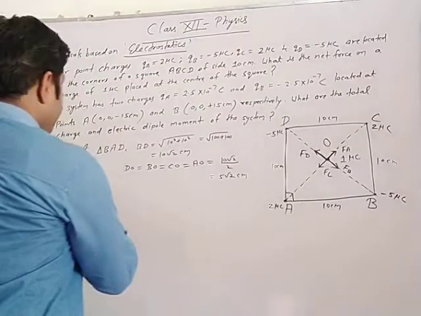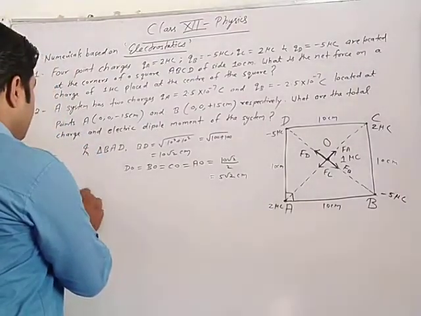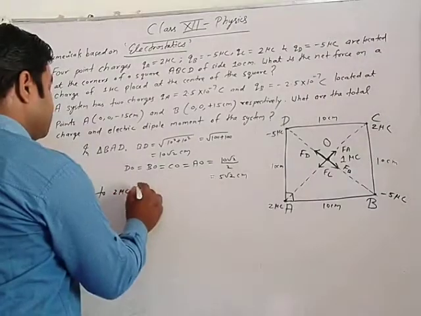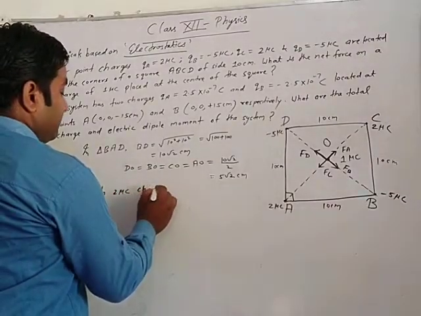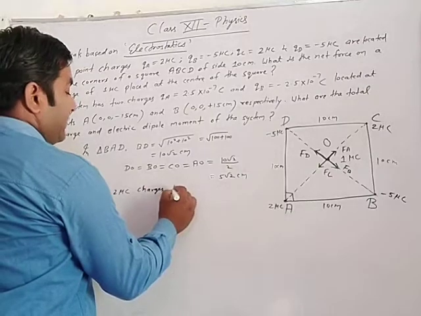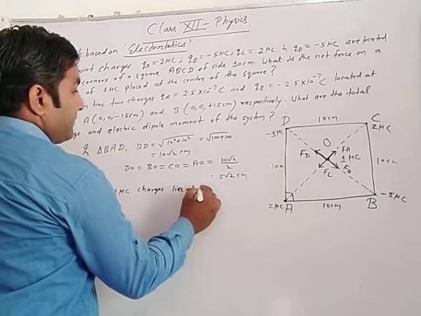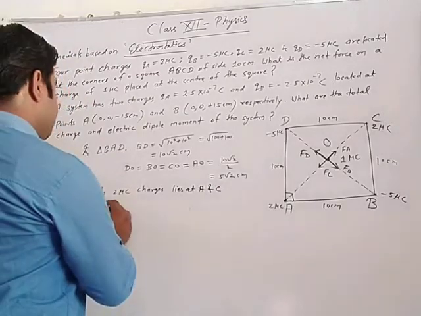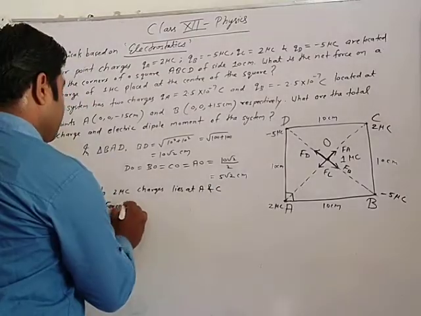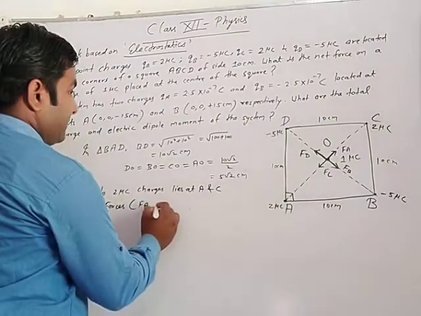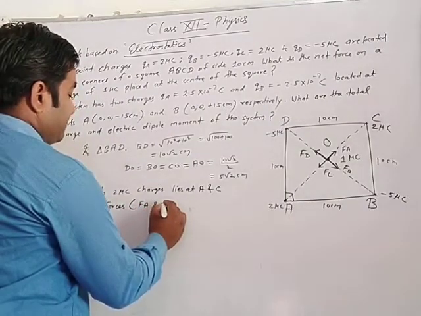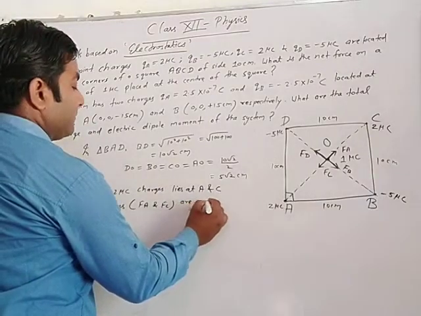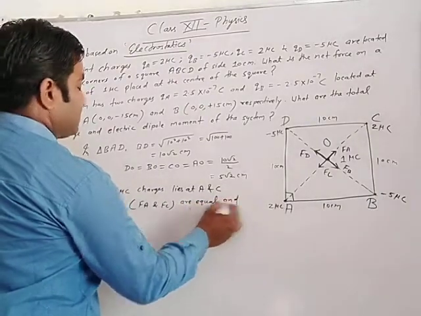Now due to the 2 microcoulomb charges at A and C, the forces FA and FC are equal and opposite in direction.